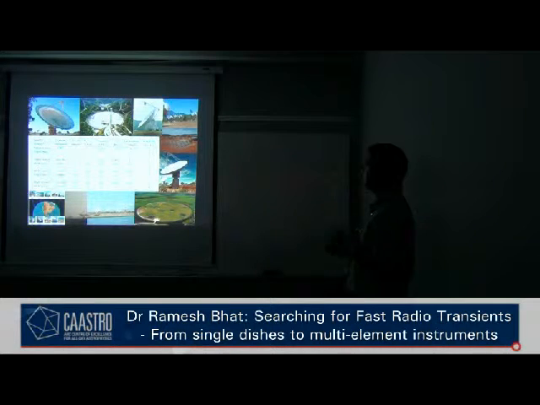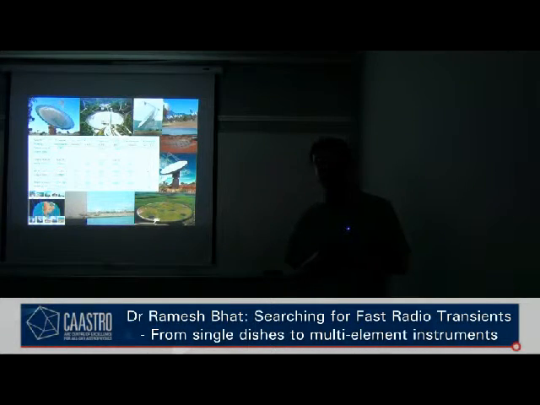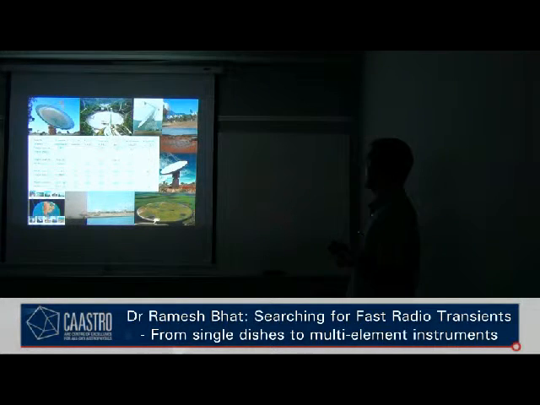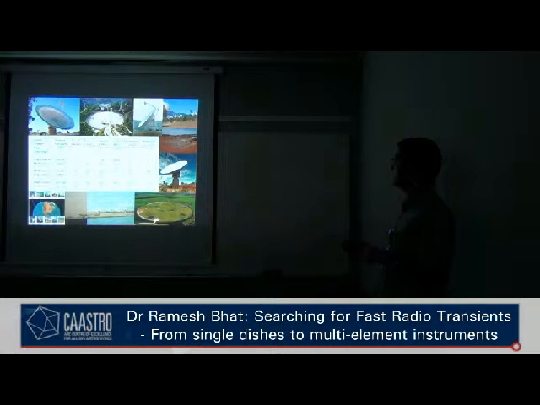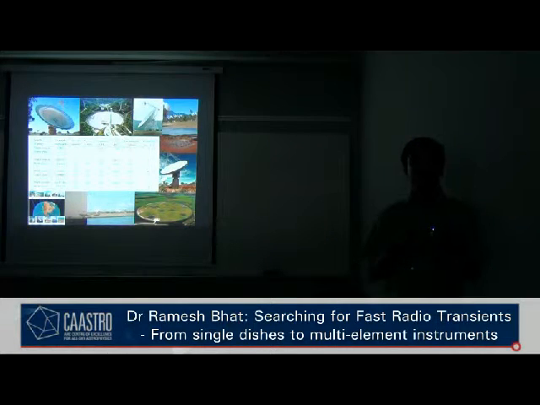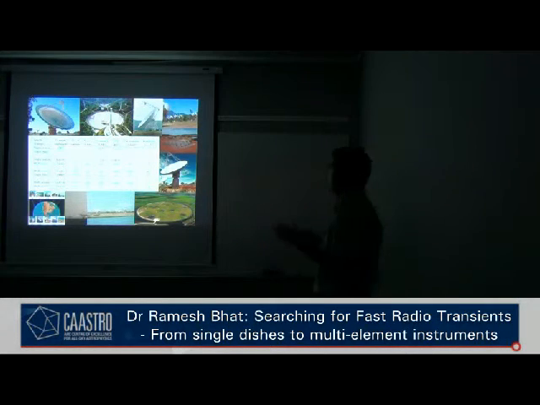And ASKAP and GMRT can give you a few arcseconds resolution, which is not very bad, but at the same time, the fact that such a capability did not exist at all for a long time is a very major plus.